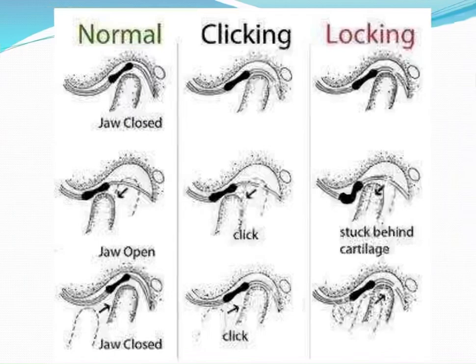And with the clicking, the position of the articular disc is correct. With the locking, the articular disc's normal position will change. When open, the articular disc will be in the anterior position, and when the patient closes the mouth, it will be retracted in its anterior position and cannot get back to its normal position.